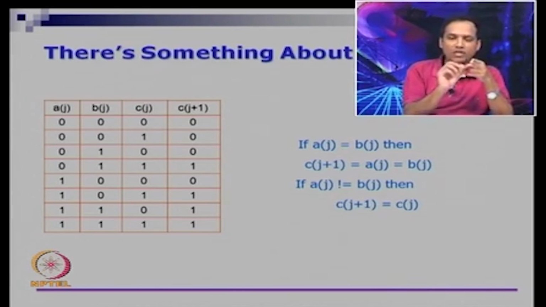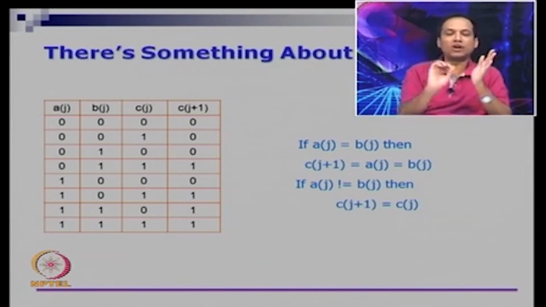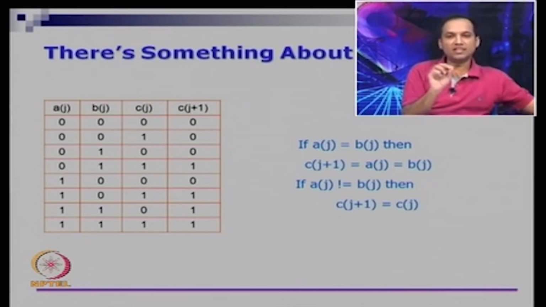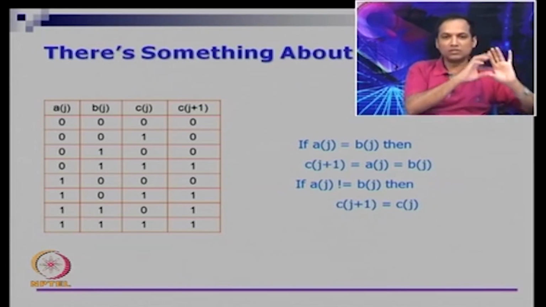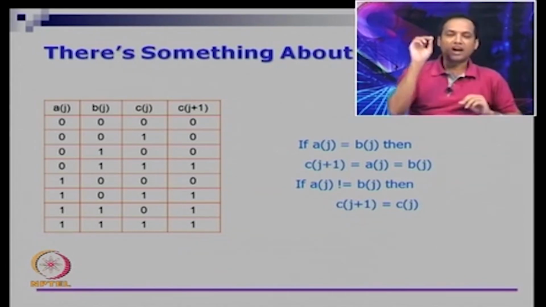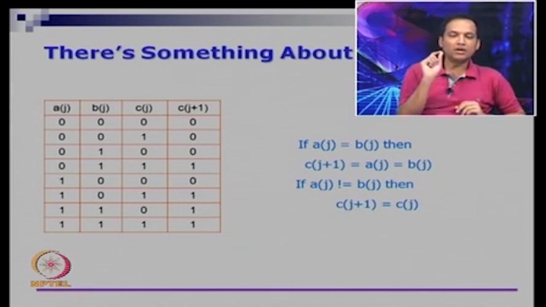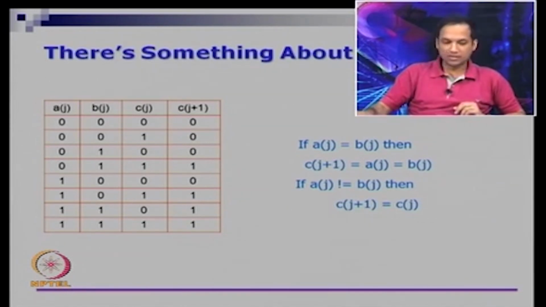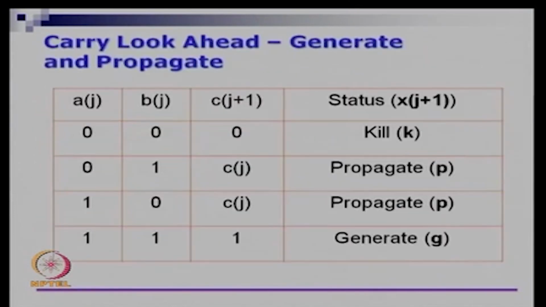However, only when you have the condition where one of them is 0 and one of them is a 1, you really have to know what the incoming carry is. Once the incoming carry is known, only then you can decide the outgoing carry. You cannot settle the outgoing carry until you know the incoming carry, only under the condition where a and b are not the same. This is some interesting thing about carry.